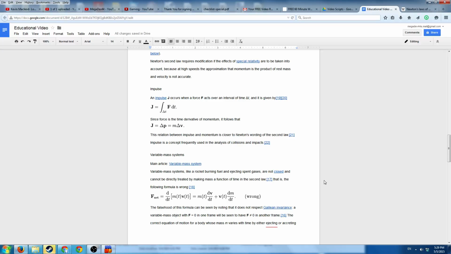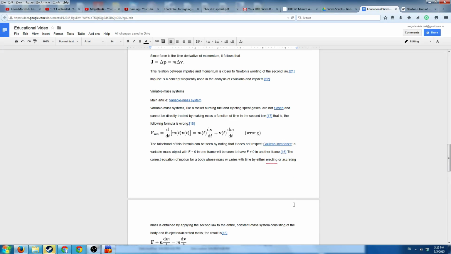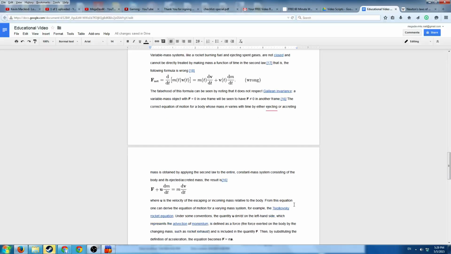The correct equation of motion for a body whose mass m varies with time by either ejecting or accreting mass is obtained by applying the second law to the entire constant mass system consisting of the body and its ejected mass.